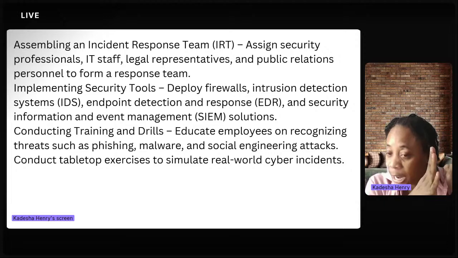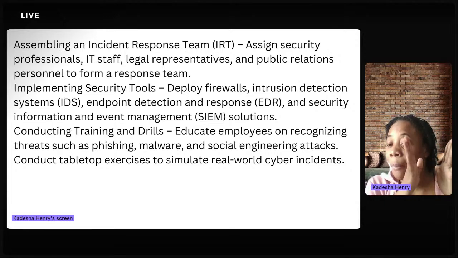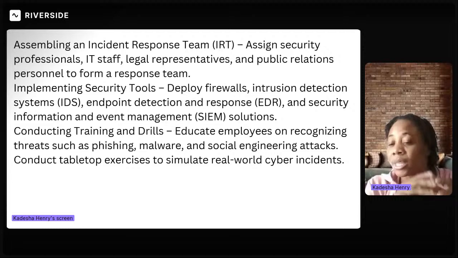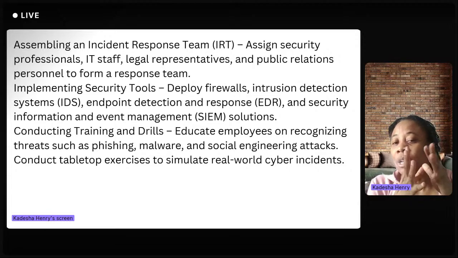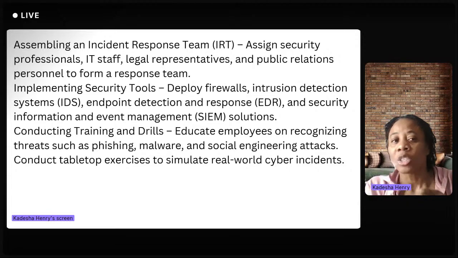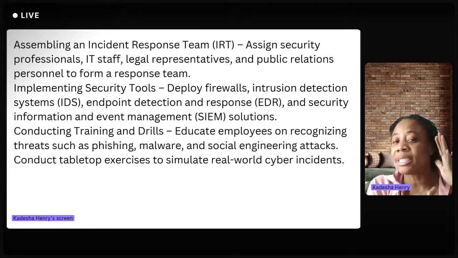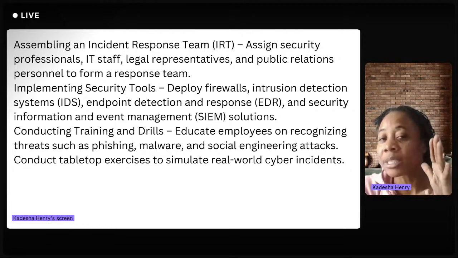In the preparation phase, we are doing our policies and our procedures. We're establishing ways we're going to handle cyber incidents. We are making sure that we have team members. So here we are assembling the incident response team.